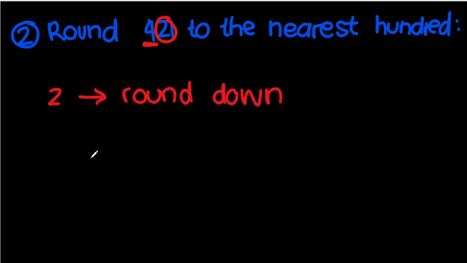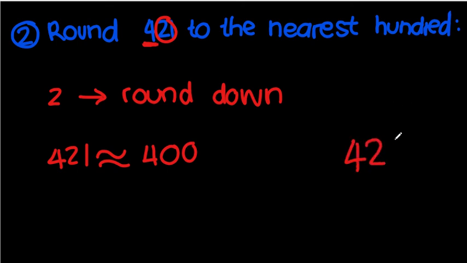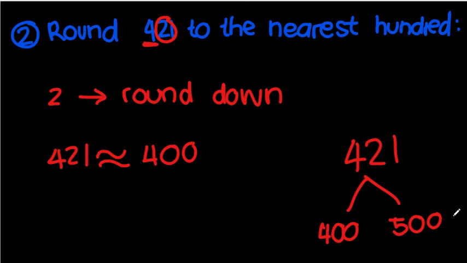Going from 421, we round it to 400. Or, thinking of it in terms of the diagram, I've got 421 and I can round it to 400 or to the next 100, which is 500. Which is it closer to? It's easier to get from 421 down to 400 than all the way up to 500, so it's the 400 option.